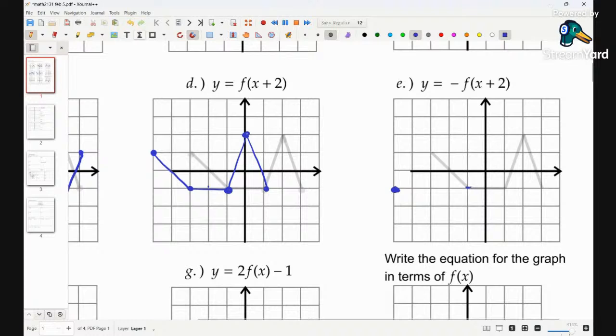At this point, reflects upwards 1, and then left 2. Reflect, left 2. Reflect downwards, left 2. Reflect up, left 2.